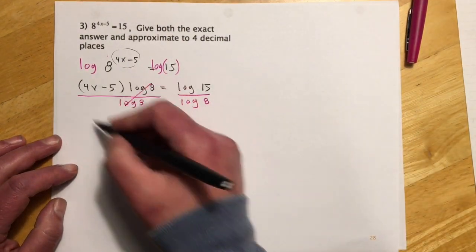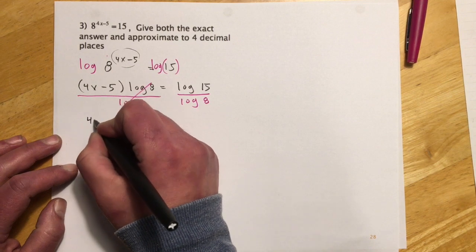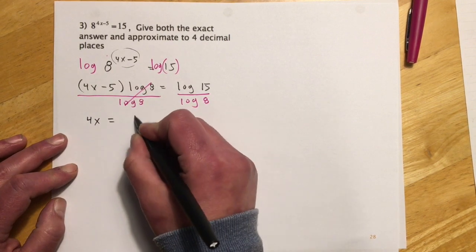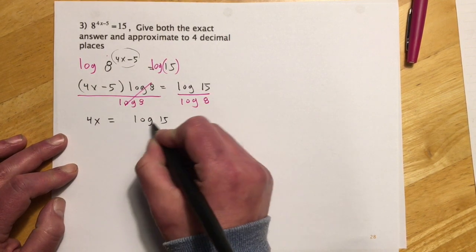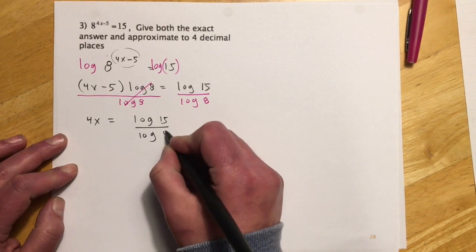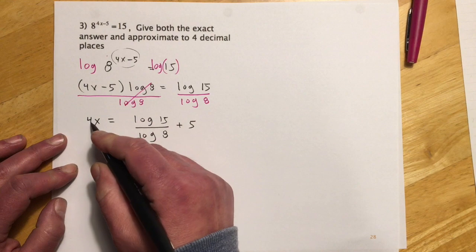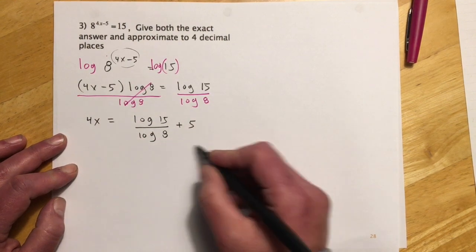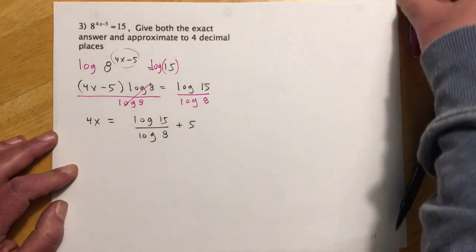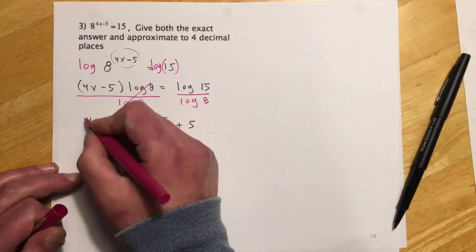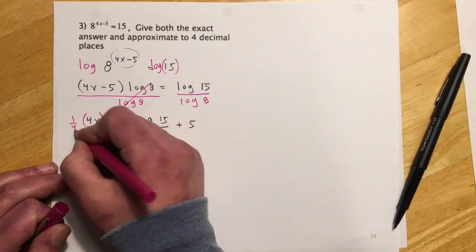And then the next thing I do is add the 5 over. So that's going to go 4x equals log 15 over log 8, and then plus 5. And then I don't want to divide by 4 because then I get that complex fraction again. So I'm going to do that same trick where I multiply both sides by 1/4.